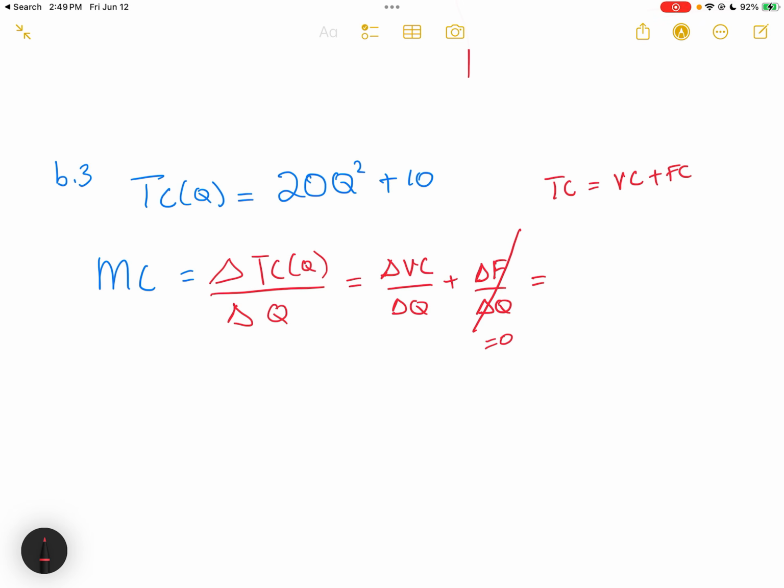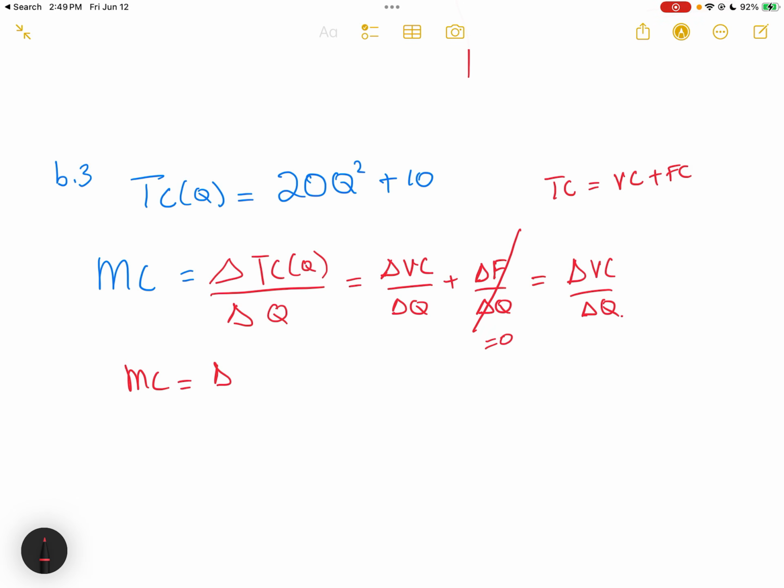And so to find marginal cost, if you had the total cost, you can take the derivative of that with respect to Q, or you take the derivative of the variable cost with respect to Q. So let me rewrite that.